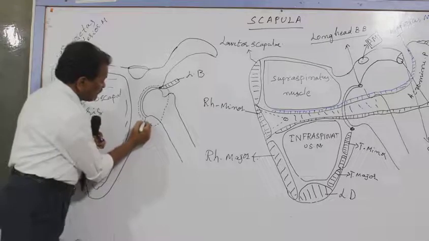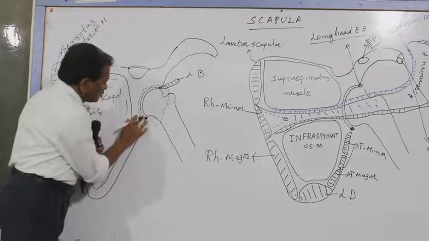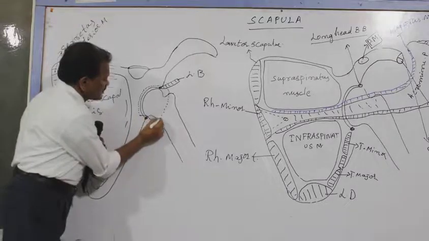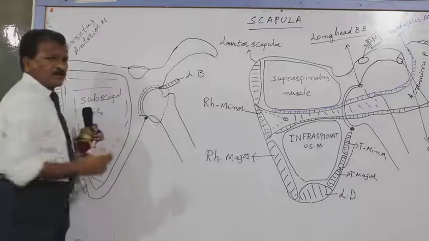And inferiorly, the infraglenoid tubercle gives origin to the long head of the triceps muscle.